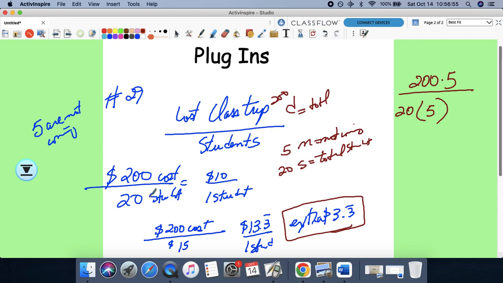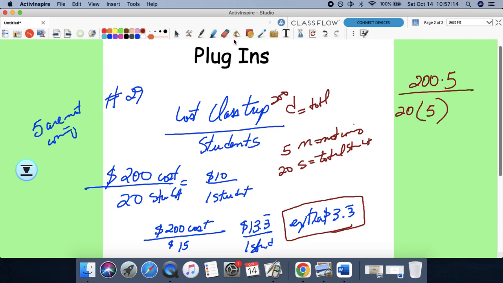200 is the cost. 20 students are coming, so that's $10 per student. 5 students are not coming. Did I divide that incorrectly? Which is 13.3.